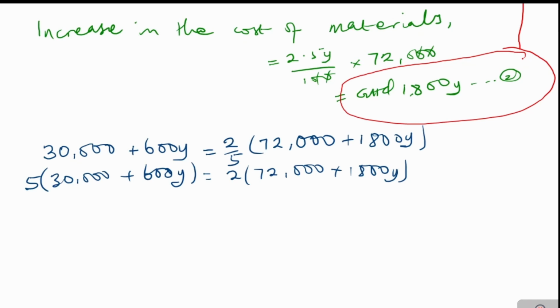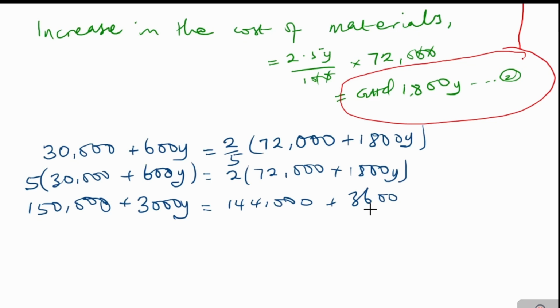Then 5 times 30,000 gives 150,000 plus 5 times 600 will give us 3000y. Then 2 times 72,000 will give us 144,000. 2 times 1,800y will give us 3,600y.